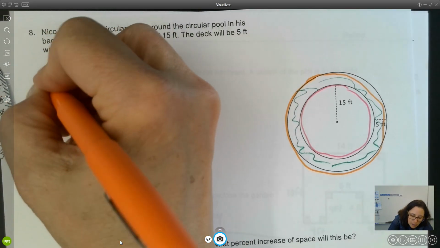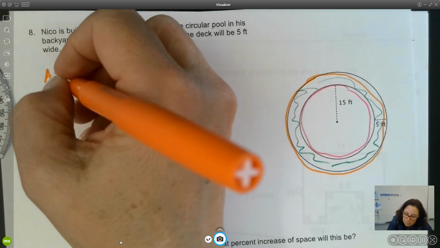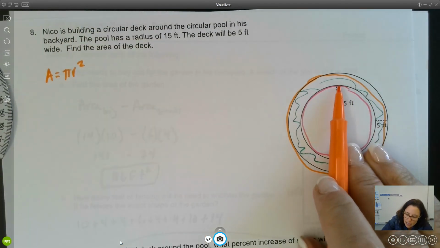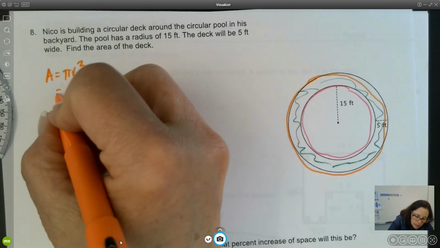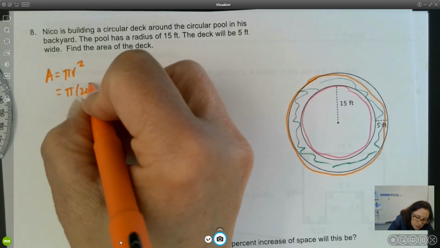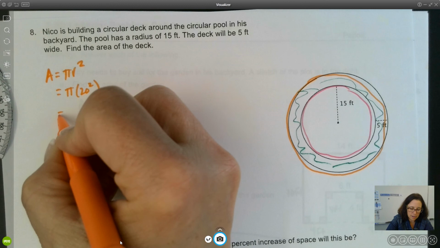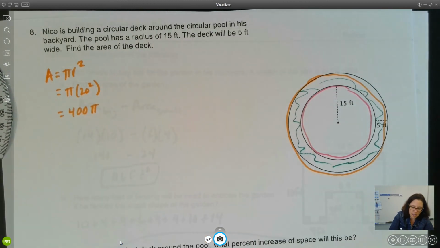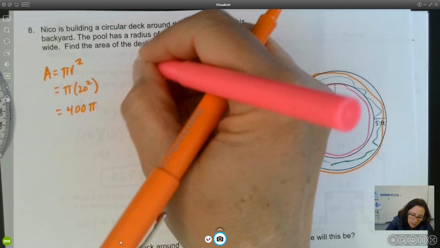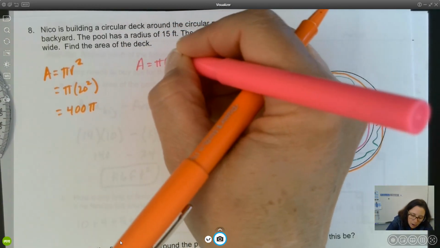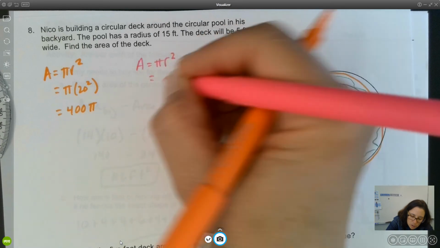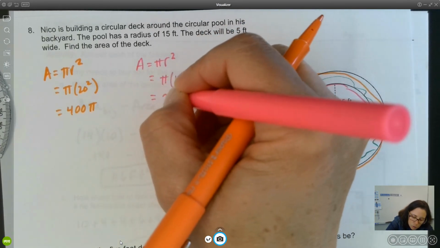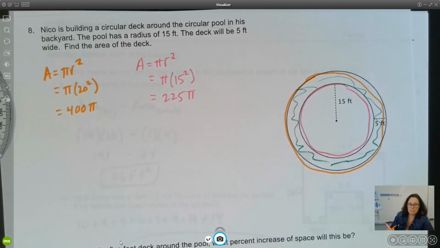So we're going to have area equals pi r squared. Now be very careful. We need to add 5 onto this. So this is going to be 20 pi, 20 squared, so that is 400 pi. I'm going to leave it like that for right now. Then I'm going to find the area of the pool, pi r squared, which is pi 15 squared, which is 225 pi.